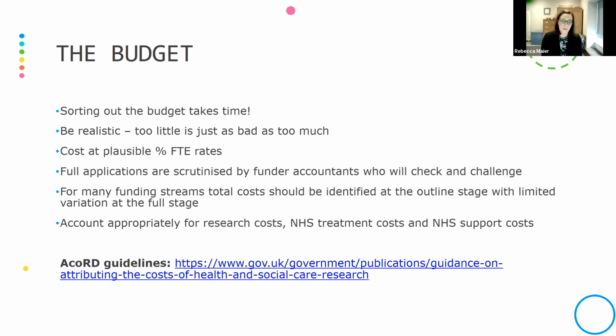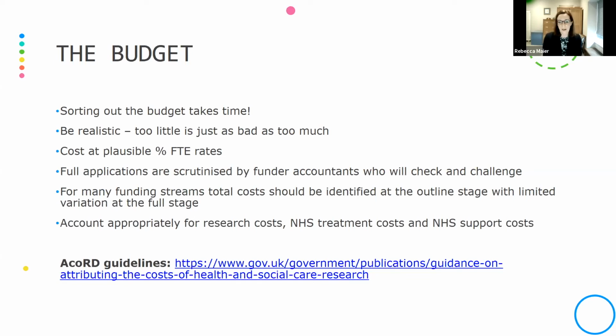So I think it's worth working with various teams within your research team, within your organisation, to understand all the different elements that are going to need to be funded. And it's also worth mentioning that funders don't fund everything that you might think. There are certain elements such as treatment costs that may not be funded by the actual funder.